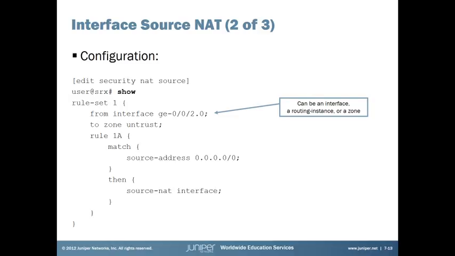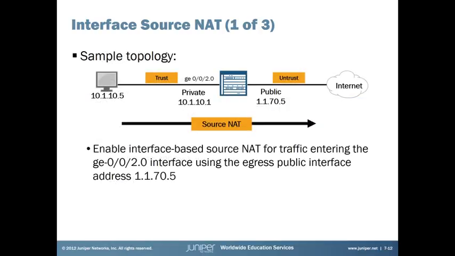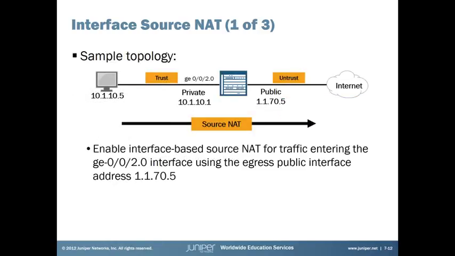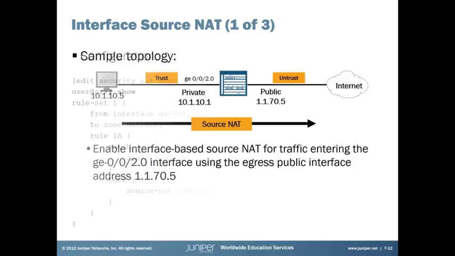Unfortunately, we didn't really identify which interface that was in our diagram, but whatever interface is attached to our public internet with 1.1.70.5 configured on it, that's the interface we're referring to, and it means that we are going to source NAT everything to 1.1.70.5.